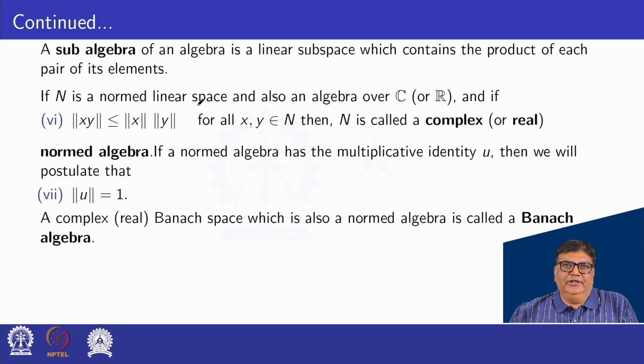If N is a normed linear space and also an algebra over C or R, that is, the set of complex numbers or the set of real numbers, and if norm of xy is less than or equal to norm x times norm y for all x, y belonging to N, then N is called a complex or real normed algebra, according as C or R. If a normed algebra has the multiplicative identity U, then we will postulate that norm U is equal to 1.